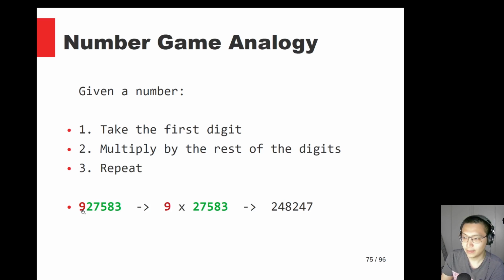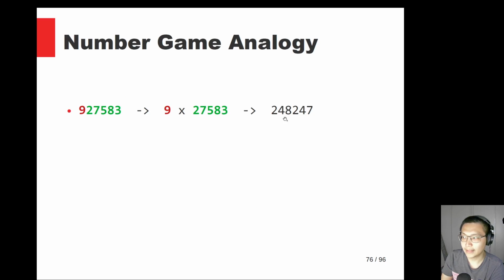For example, 9,27583. You take the first number 9, you multiply it with the rest of the number, and it gives you 248,247. Then starting from 248,247, you cut off the first number 2 and multiply it with the rest, and you get a slightly smaller number.